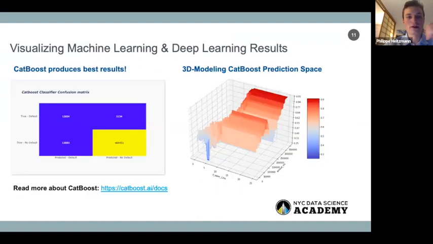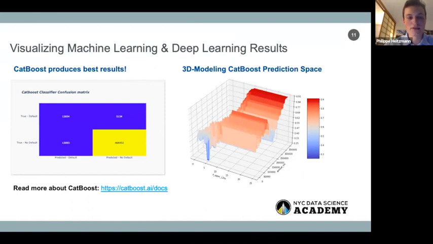So next, going with these machine learning results, I was really interested in looking at our CatBoost classifier model and using that as the basis for all of our loan predictions. So on the bottom left-hand side, you'll see here the confusion matrix for our model results.